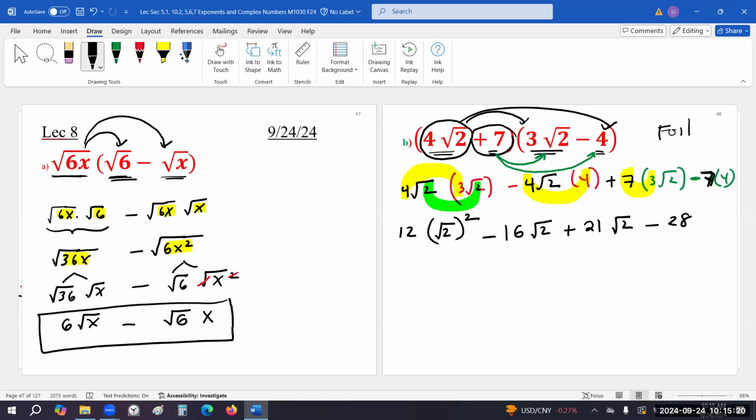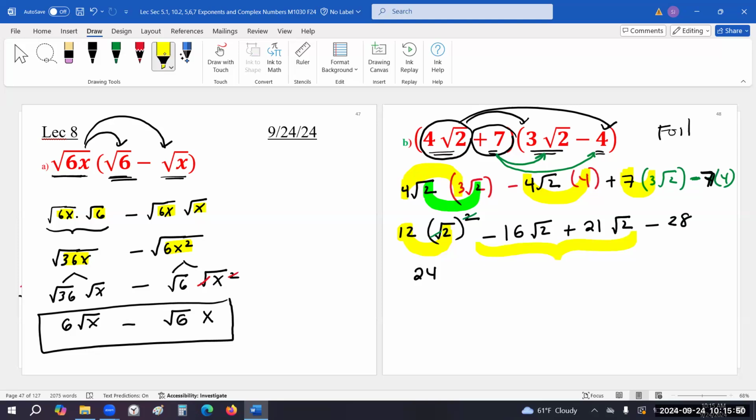So when you multiply radicals, the rule is multiply the coefficient with the coefficient and the inside number with the inside number. And if you have the same thing, just use the square with the radical. Now the square root and square power, they cancel out, right? So we have 12 times 2. What is 12 times 2? 24.